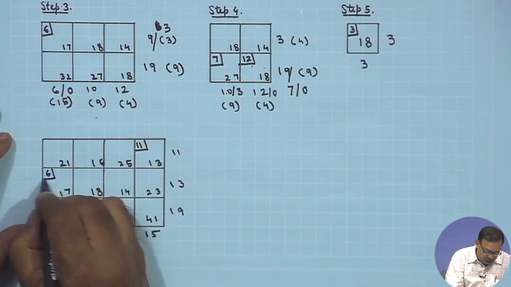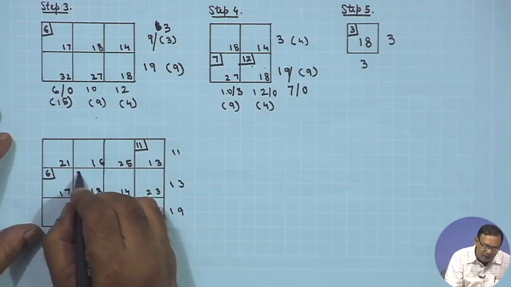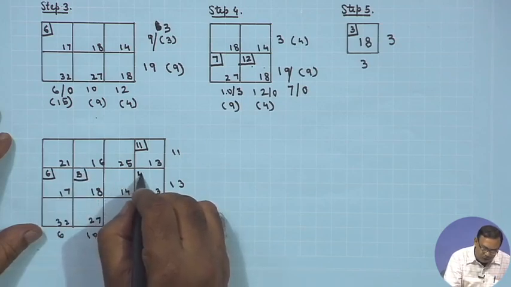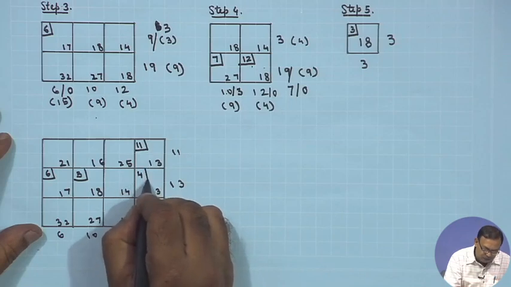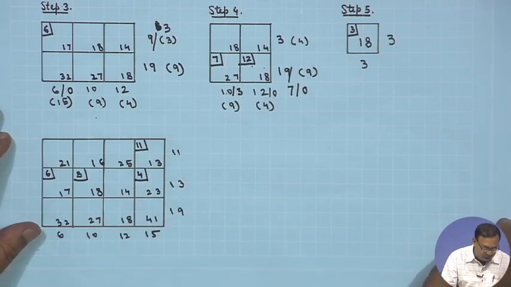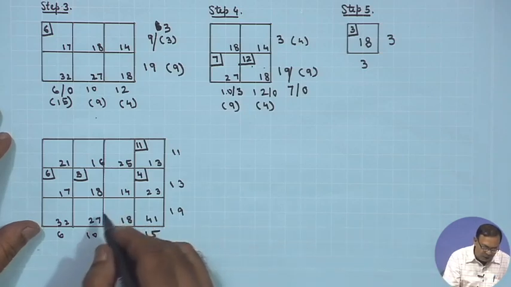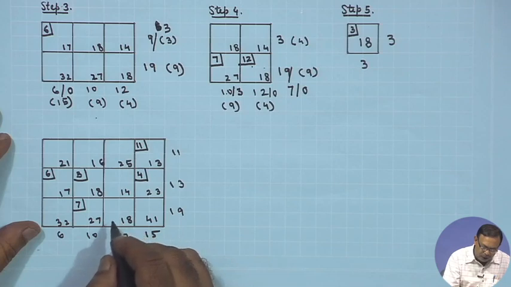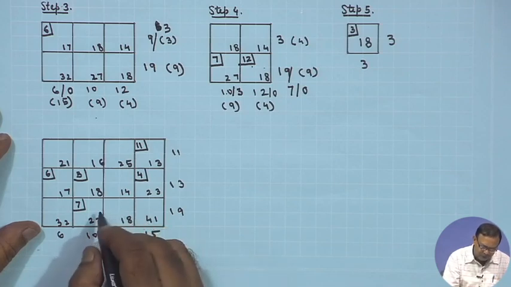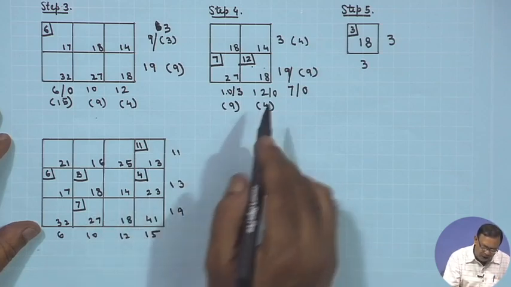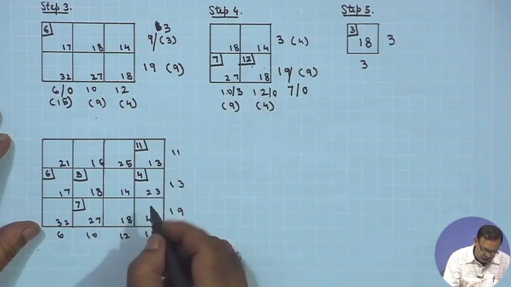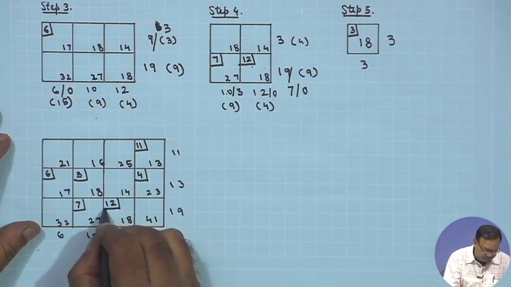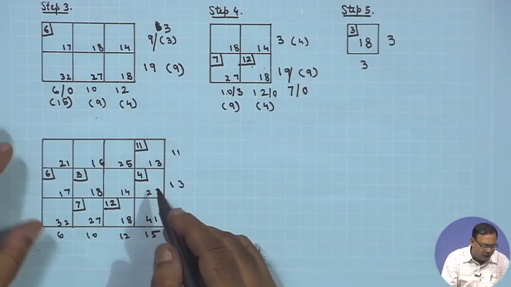So, 6, after that you have 3, on this row one more, that is 4, and then you have 7 and you have 12. So, this is your final allocation.